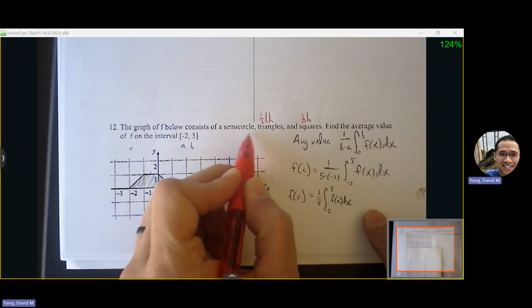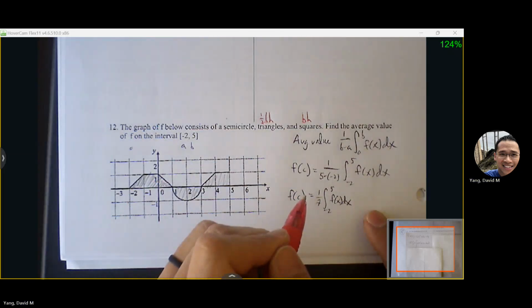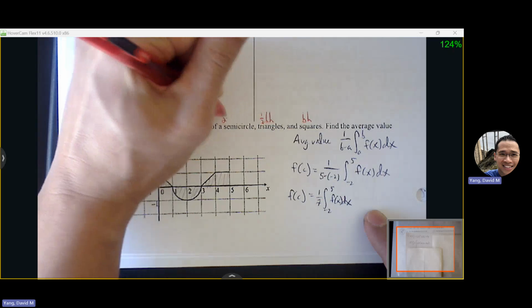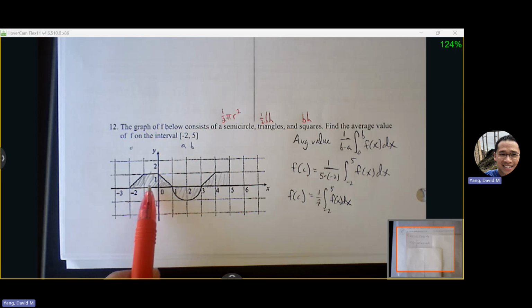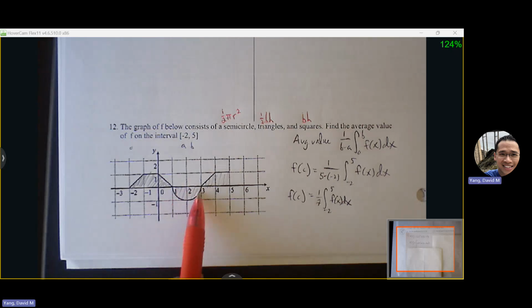Semicircle, but let me ask you this, what's the area of a circle? Pi r squared. So a semicircle is just 1/2 pi r squared. So then for the triangle, we'll do 1/2 base times height. For the square, base times height, then 1/2 base times height, 1/2 pi r squared, 1/2 base times height, and base times height.